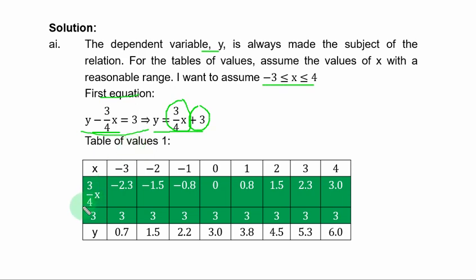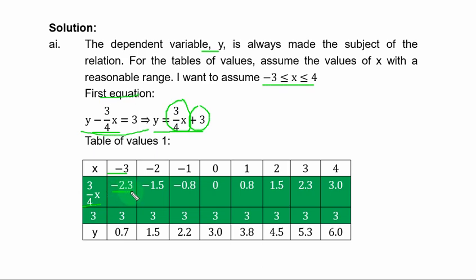So you have 3 over 4s. When s is minus 3, 3 over 4s becomes 3 over 4 times minus 3. To one decimal place, you have minus 2.3.